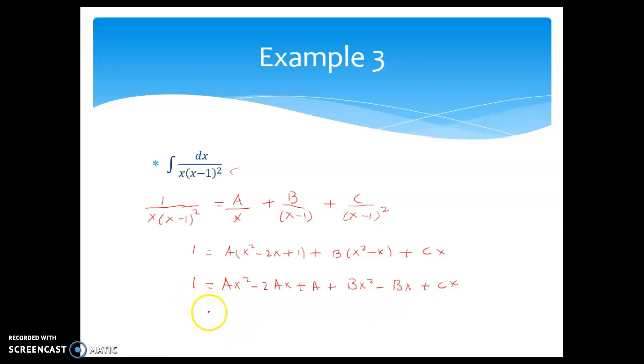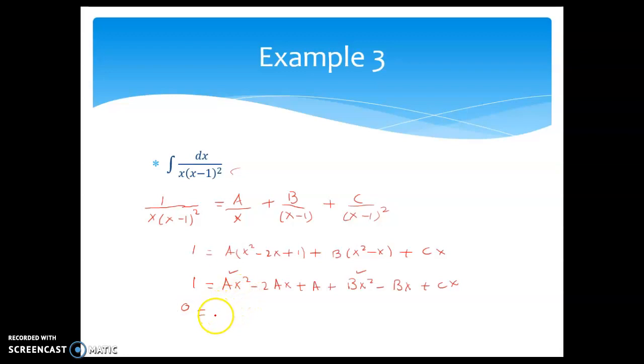So these are the equations that we're going to solve. For instance, we don't have x squared on this side, so that means x squared is multiplied by 0.